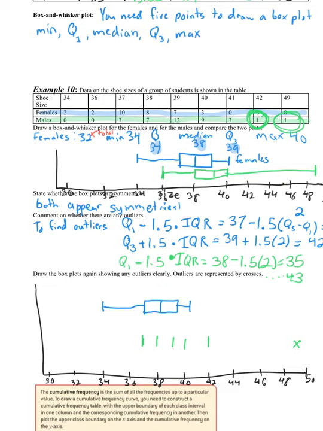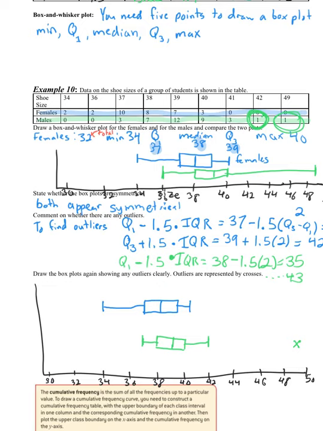And whenever I do these, I always like to kind of draw the 5 lines first and then create my box out of the middle 3 and then draw my whiskers. And that's going to be a little more representative of all of our data by drawing that there is definitely an outlier there. Okay, that's the idea here for this particular problem. And if you wanted to, we can always label these as well.